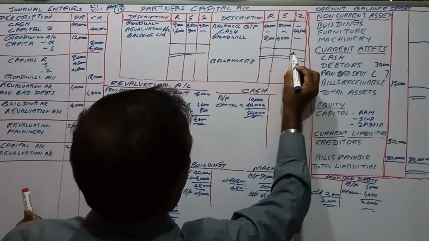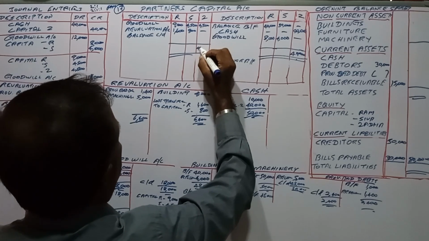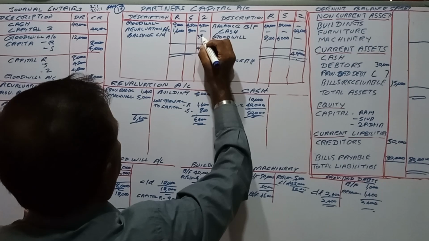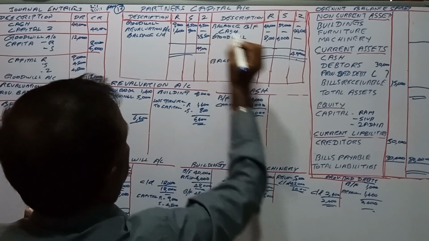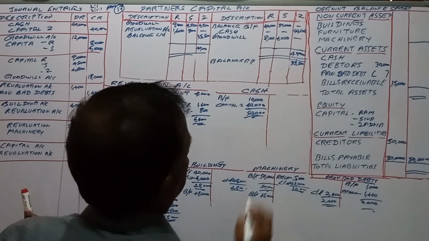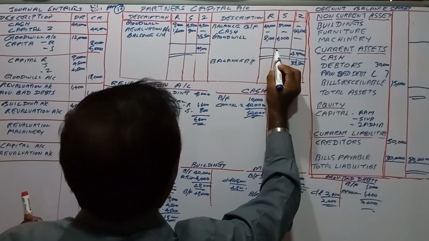Here we will say 40,000. Carried down is 35,500, and this one is 34,000.